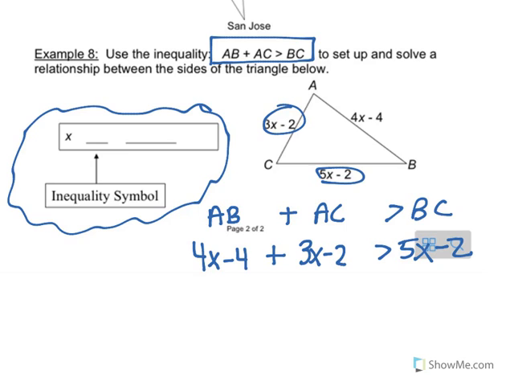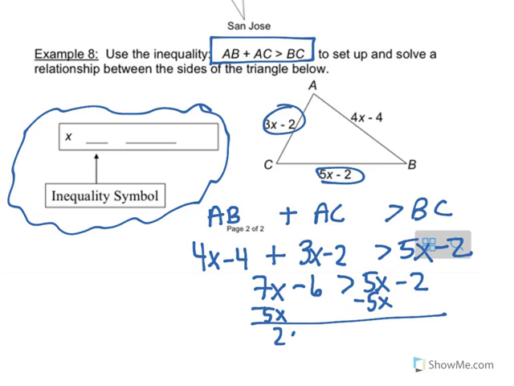Okay, so let's go ahead and solve it. On the left side of our inequality, we have some like terms. So we have 7x minus 6 is greater than 5x minus 2. So we're going to subtract 5x from both sides. And we get 2x minus 6 is greater than negative 2. Add 6. And we got 2x is greater than 4.